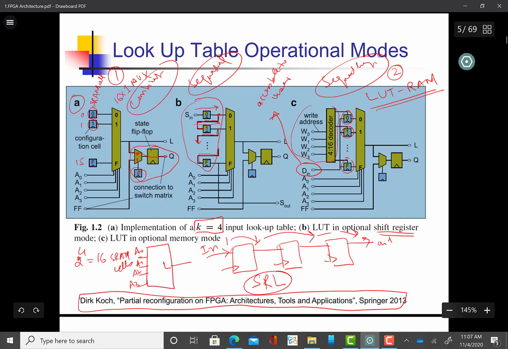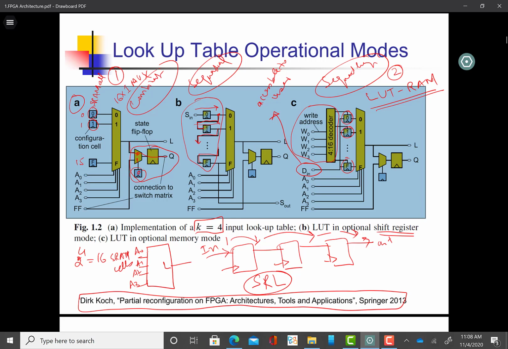So we have a 4x1 decoder, and this decoder has these address lines W0, W1, W2, W3. If you want to modify the contents of the first SRAM cell, you have to put W0 equal to 0, W1 equal to 0, W2 equal to 0, and W3 equal to 0. Then you can write your desired value on DN, and it will be modified.